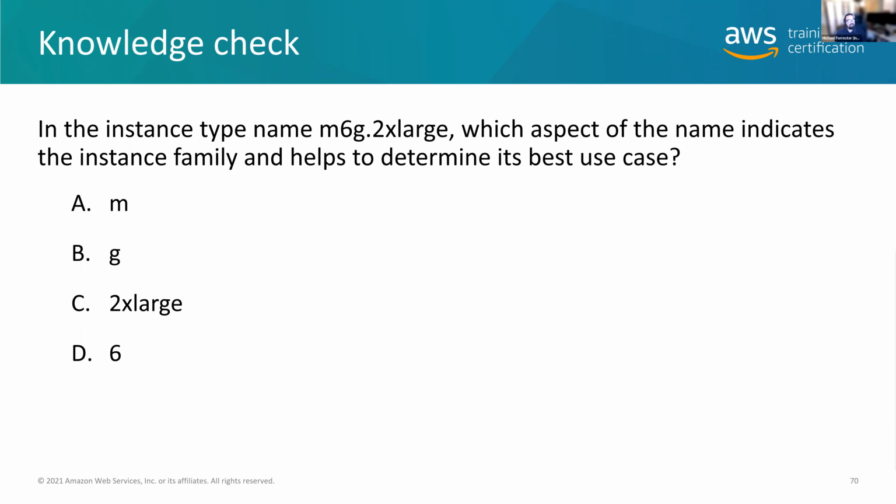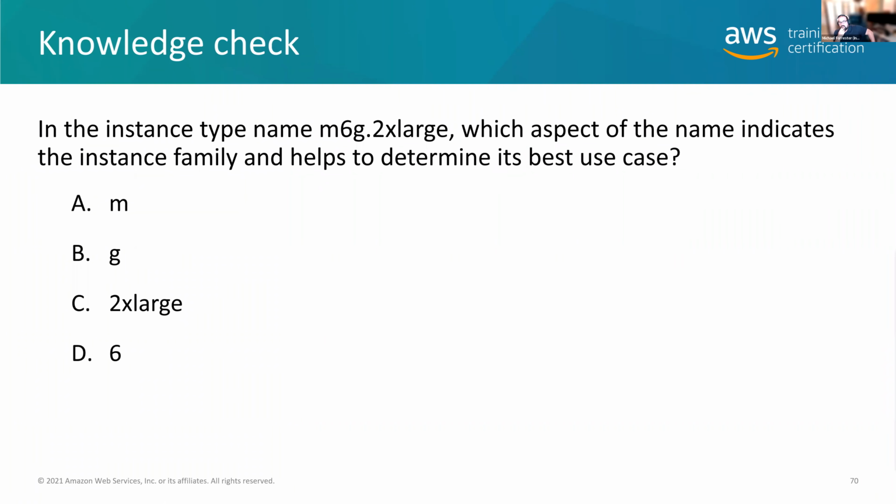Okay. In the instance type M6G, which aspect of the name indicates the instance family, like what the system was designed for, and helps to determine the virtual machine's best use case? So what family type does the M belong to?